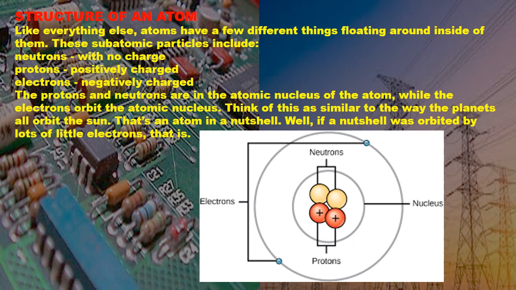The sun is the center of our solar system. So it's similar with the atomic structure of atoms. The neutrons and the protons are present in the nucleus, and the electrons orbit the nucleus of the atom. So these free electrons are responsible for chemical reactions and also conduction.